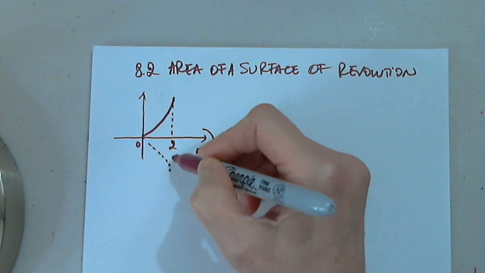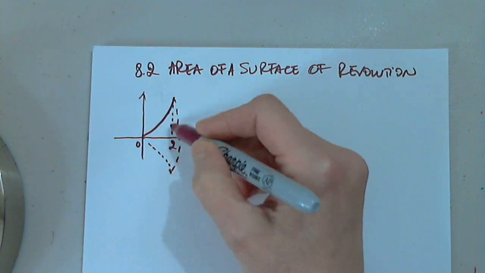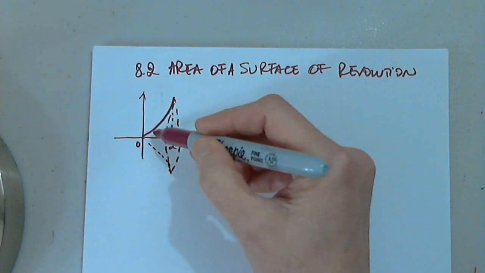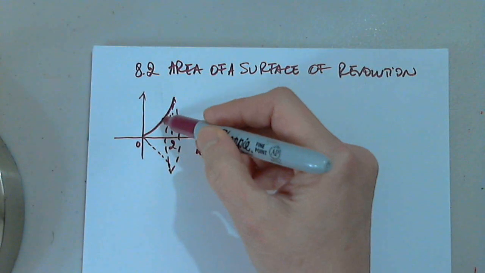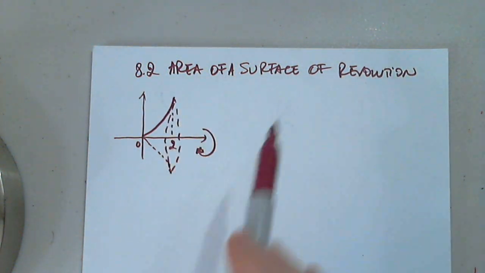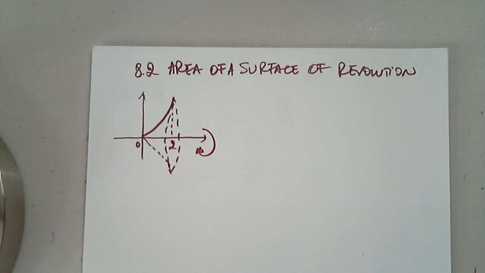So we will get something like this, a solid of revolution. What we are interested in now is determining the surface area of the solid. So that's what the area of a surface of revolution is all about.